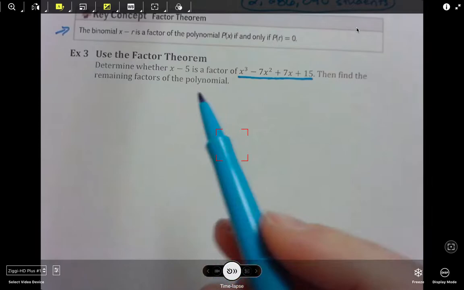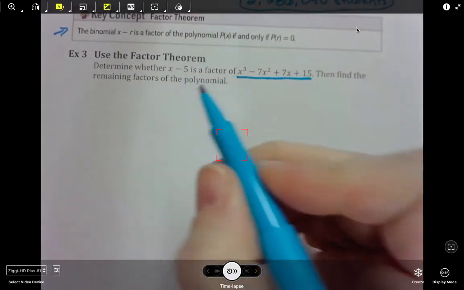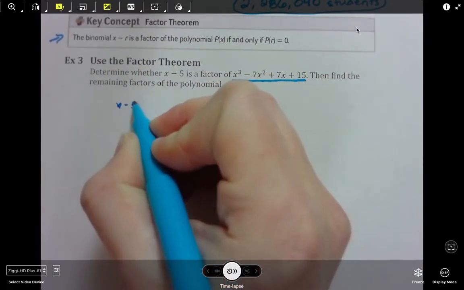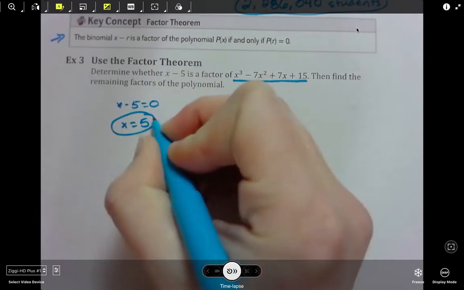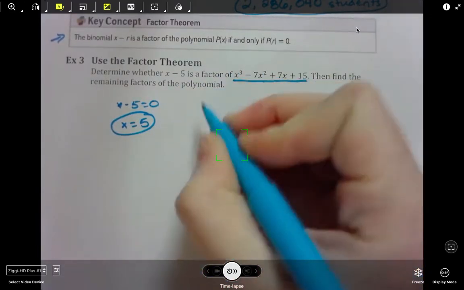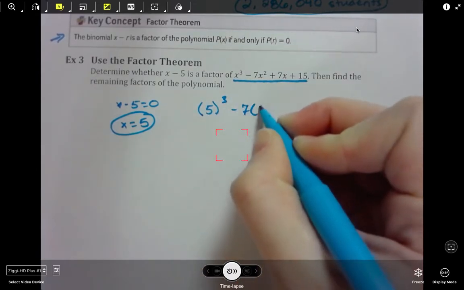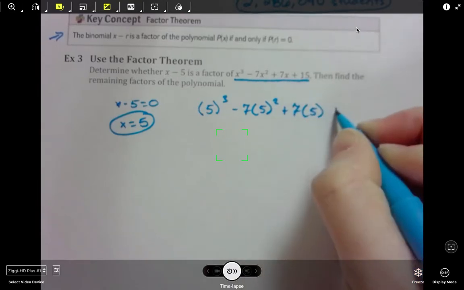So what I want to do is find whether this goes into there completely. And I'm going to use that synthetic substitution like we did before. So if I set x minus 5 equal to 0, x is equal to 5, and this is the number that I'm going to plug into that equation. So let's do that. 5 cubed minus 7 times 5 squared plus 7 times 5 plus 15.